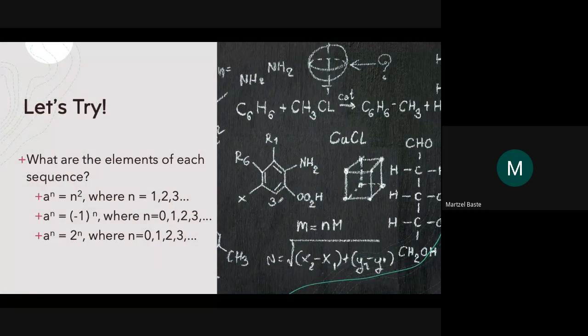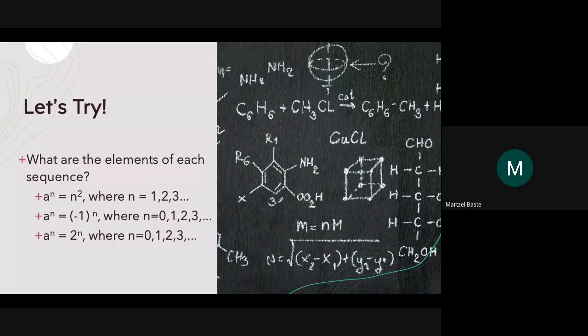So, this one, let's try. Let's try and then check your answers in the GC. So what are the elements of each sequence where a superscript n is equal to n squared? So where the value of n is 1, 2, 3. What is the sequence of numbers?